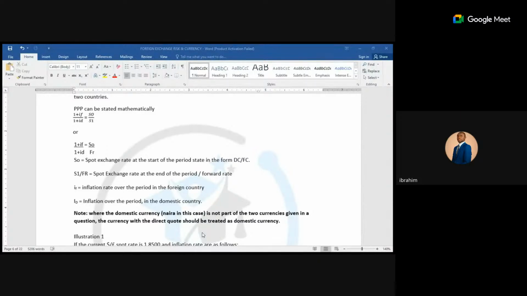Now, in another scenario, you check for the currency that is depreciating. From the spot rate, we should not forget that depreciation of currency is very important, and the appreciation of currency is very, very important.